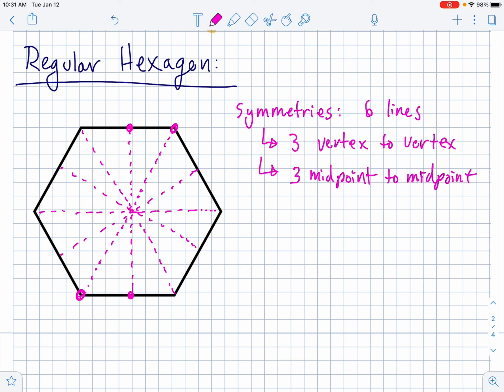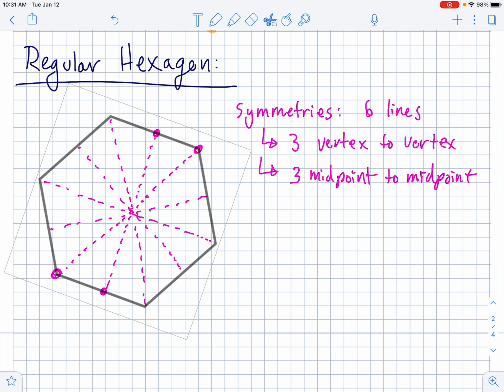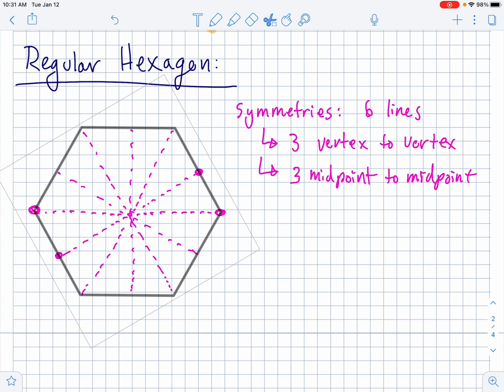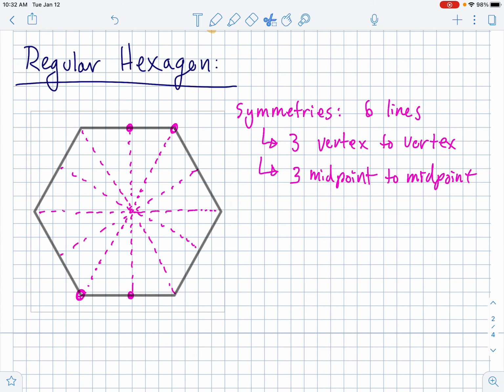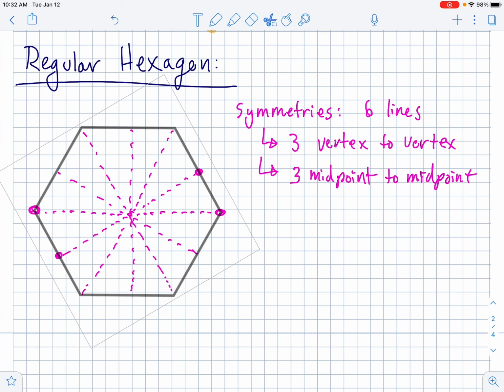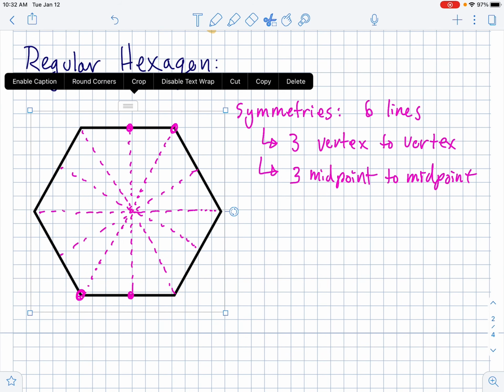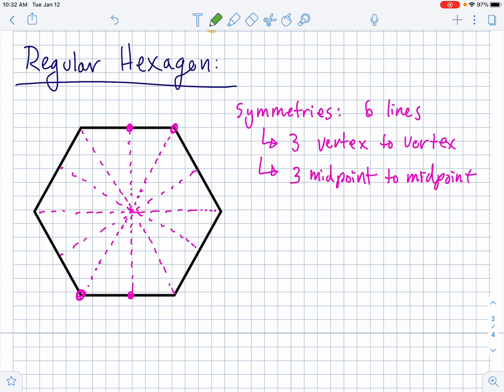Now, rotational symmetries. Once again, if you picture this whole thing inscribed in a circle, and then you were to grab it and turn it, do you see how if I turn this far, I'll get the same hexagon again? Here the top and the bottom are parallel to the x-axis, and here it's also parallel to the x-axis, top and bottom. So if I take this corner, it doesn't matter which one, and rotate it this far to this corner, I'll get the same hexagon again.